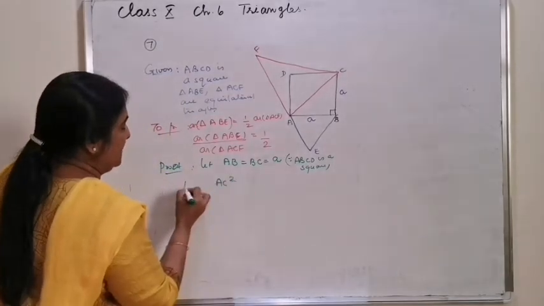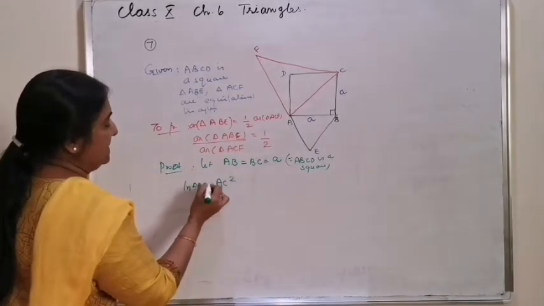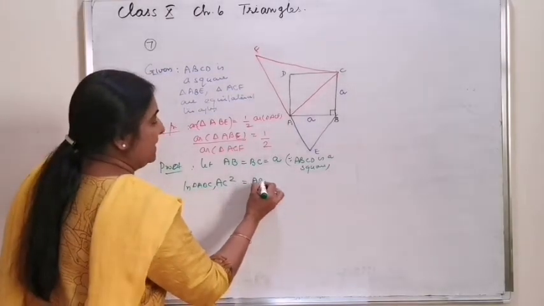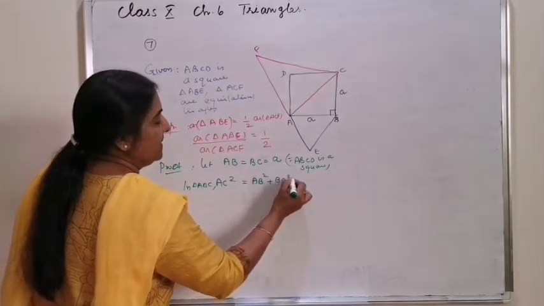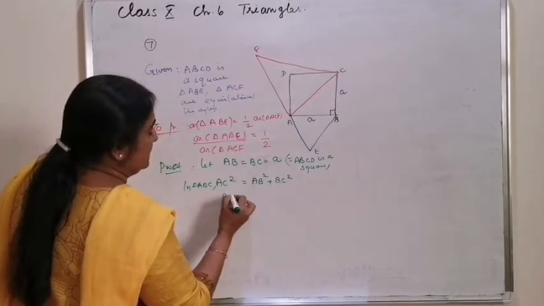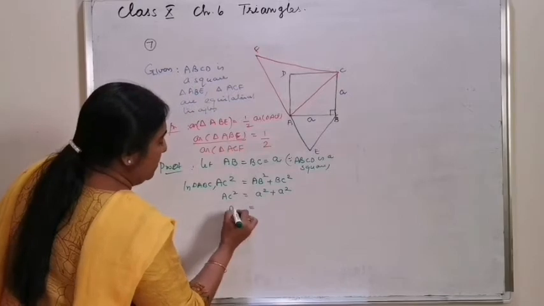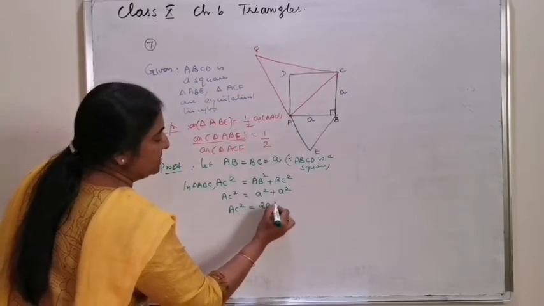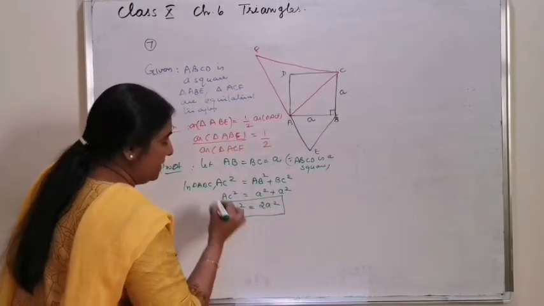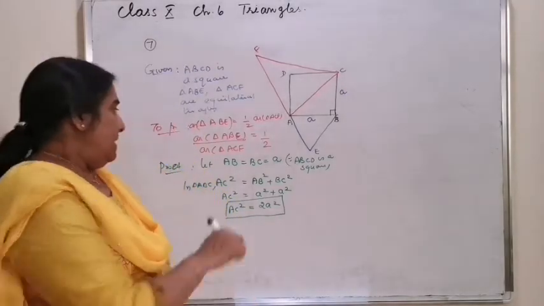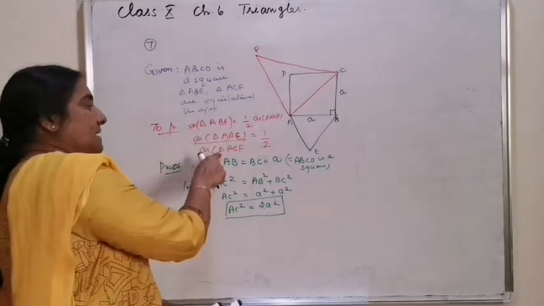In triangle ABC, AC square is equal to AB square plus BC square, that is AC square is equal to A square plus A square, or the value of AC square is 2A square. You can just highlight and keep. Now you have to find the areas.